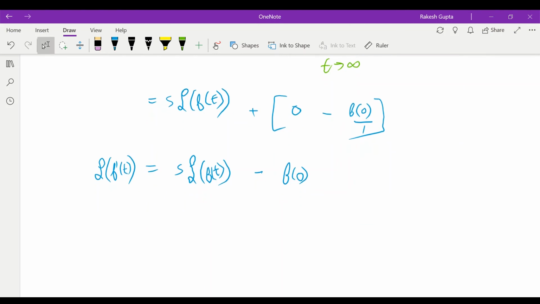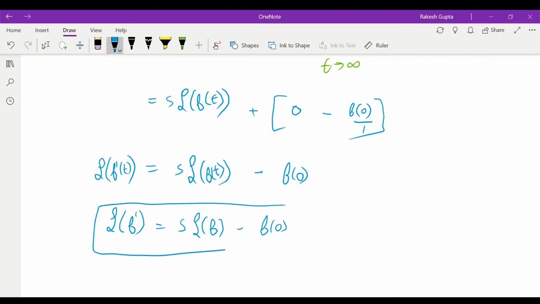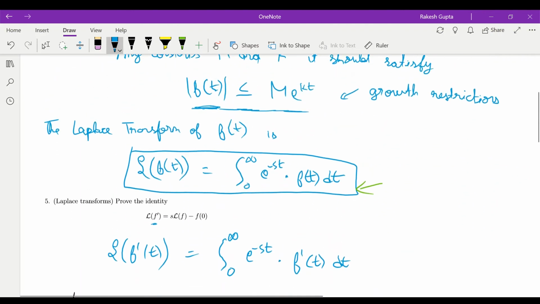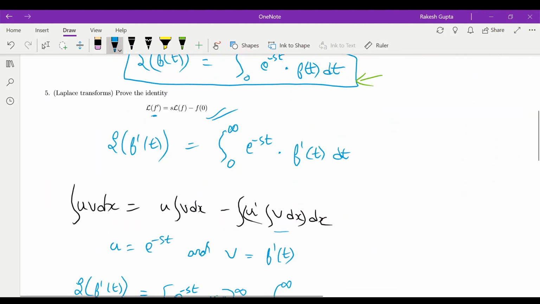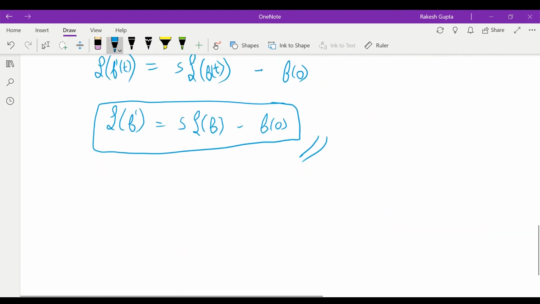Now if we assume that the function f is not in terms of t and some other things, I'm just going to write it in a general way, which is this. Now this is what we were asked to prove in the question. That's all. Thank you.